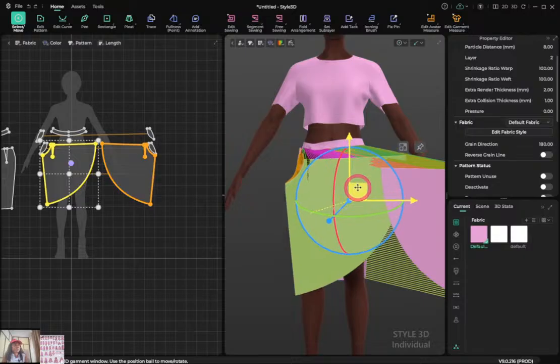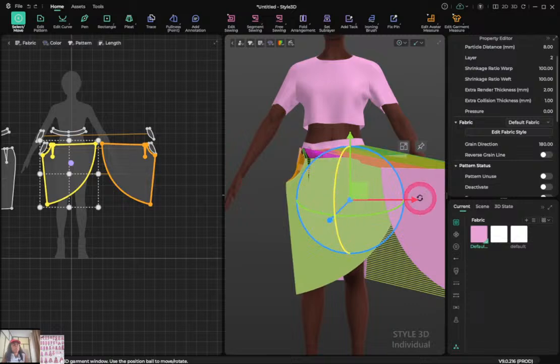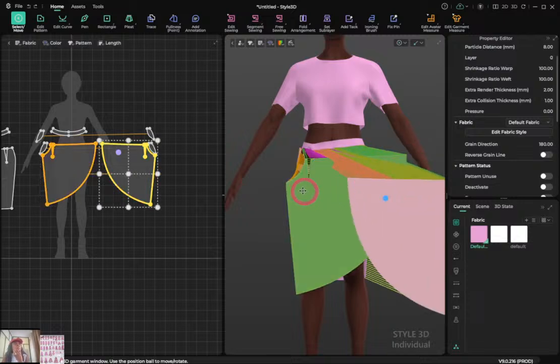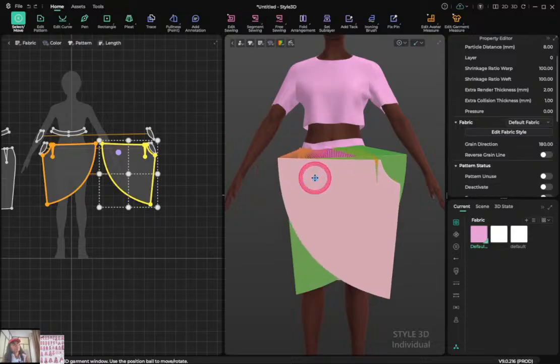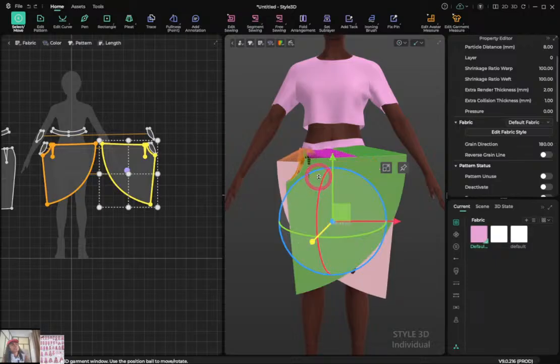Push this one. And then get this one, push it back because it's going to be in the back, right? I want to make sure it's behind the one that is green. Good. Good. So let's simulate.